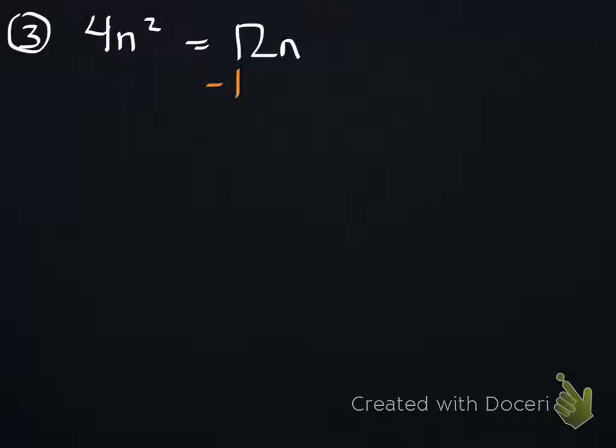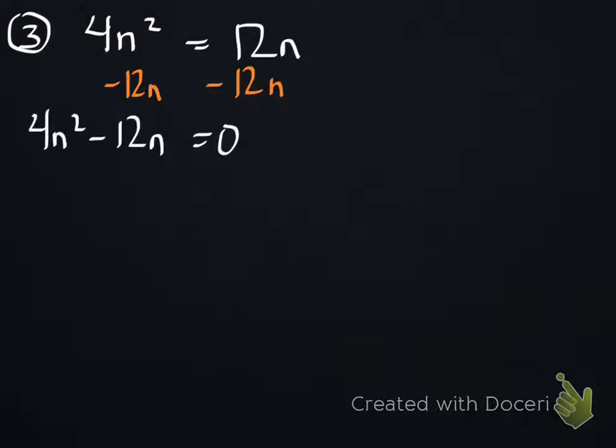So I need to move this 12n over. And we have 4n squared minus 12n equals 0. I could use the box for this one if I wanted to, but it's not the easiest way.